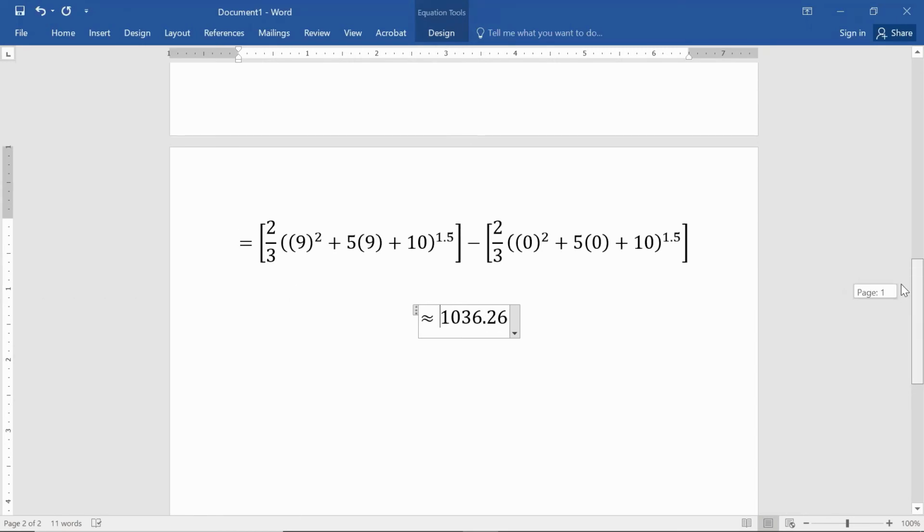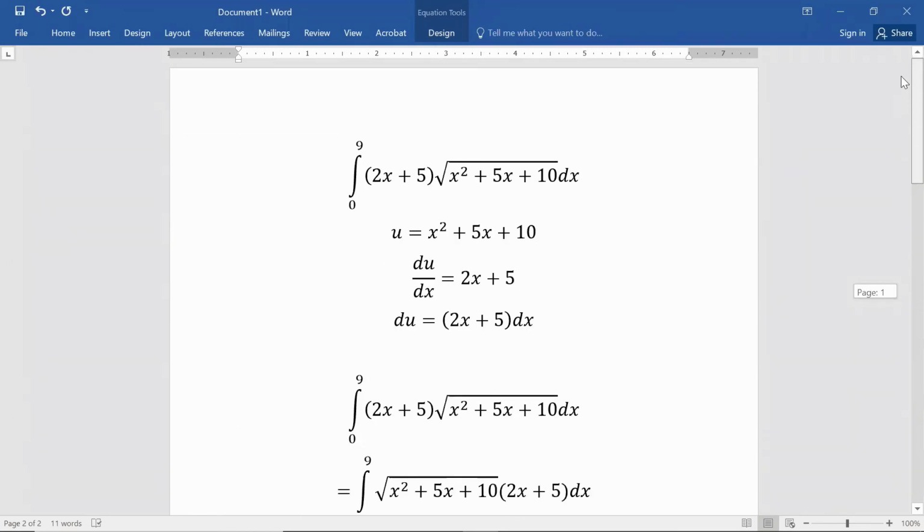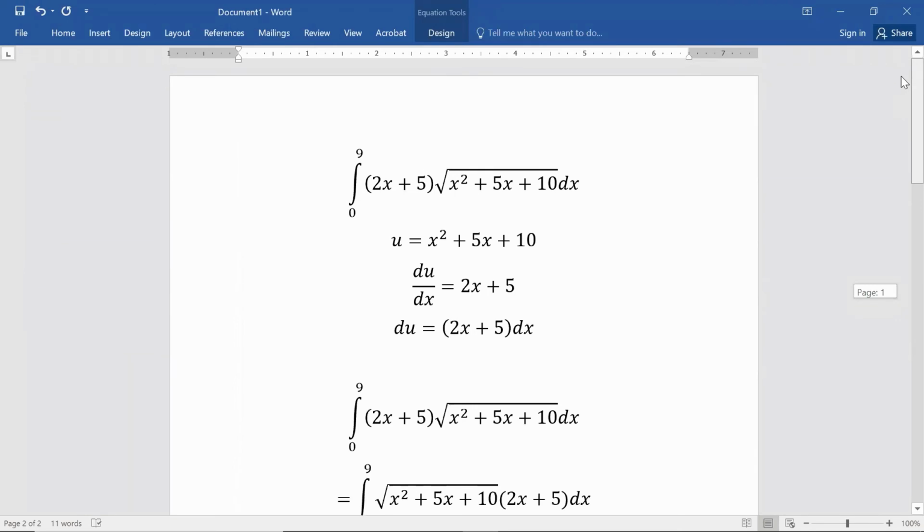So there you go. That's how we can use substitution along with the fundamental theorem of calculus to solve these types of definite integrals.